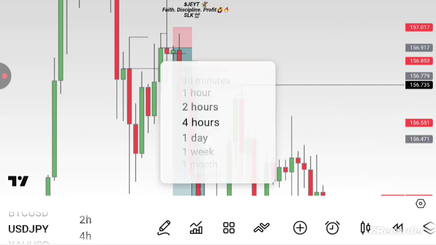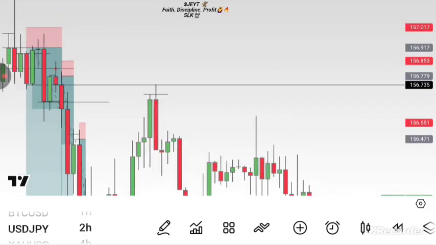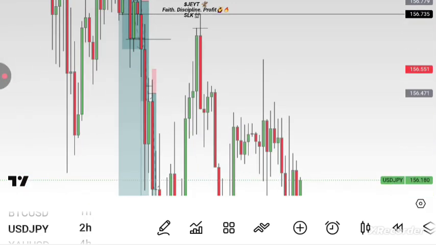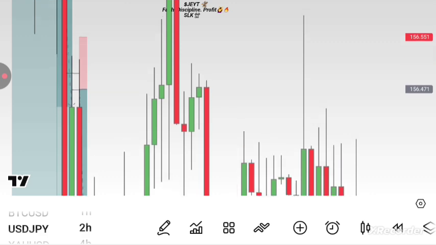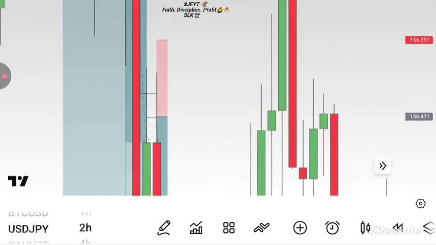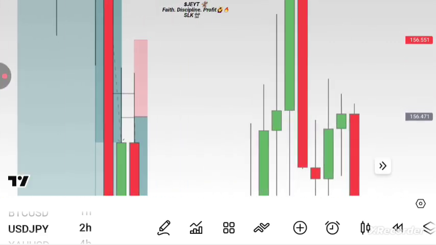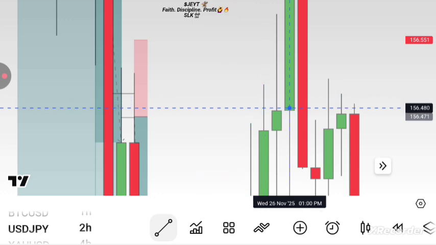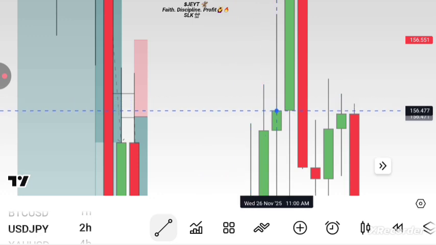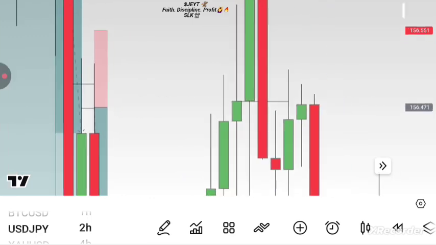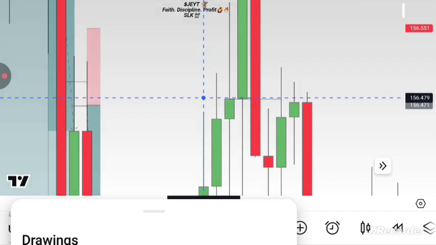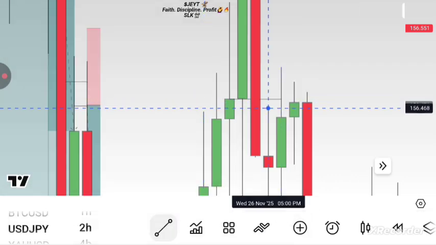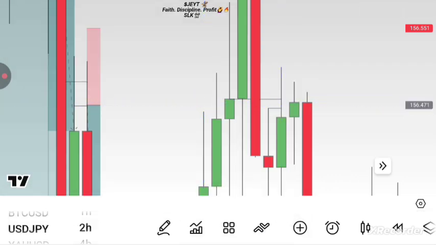If we drop one time frame lower, you'll see why price reacted. What do you see at this particular level here? This is a confirmation entry for another day. Price used this particular open close, sweeping this single candle liquidity, swept this liquidity here, then used this open close.